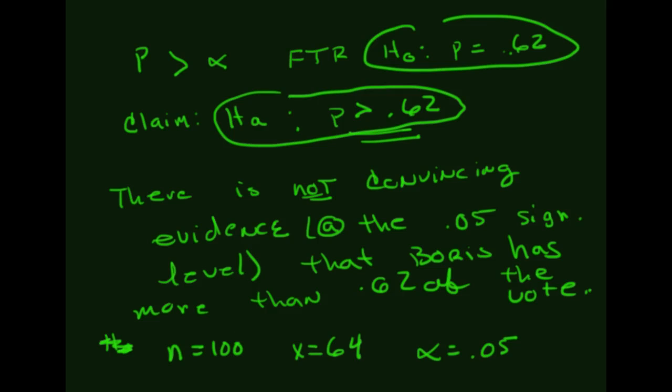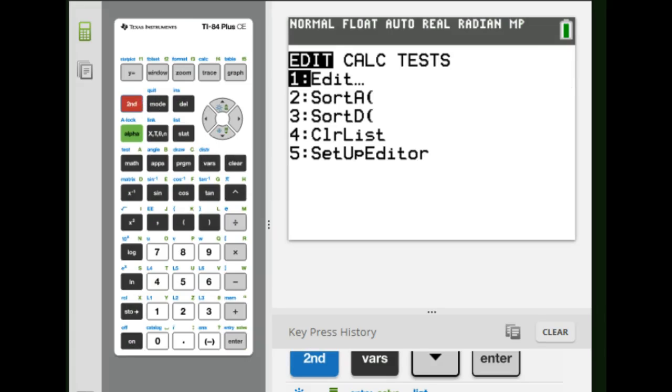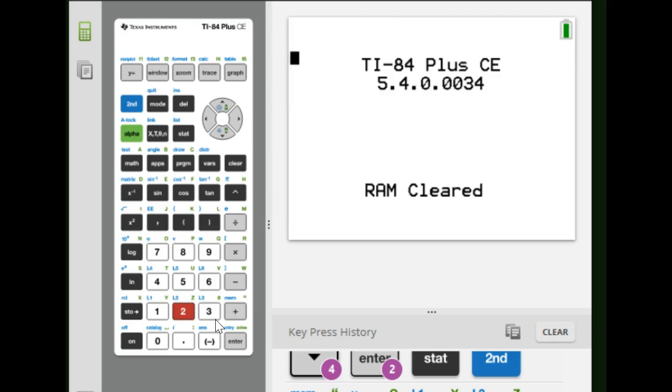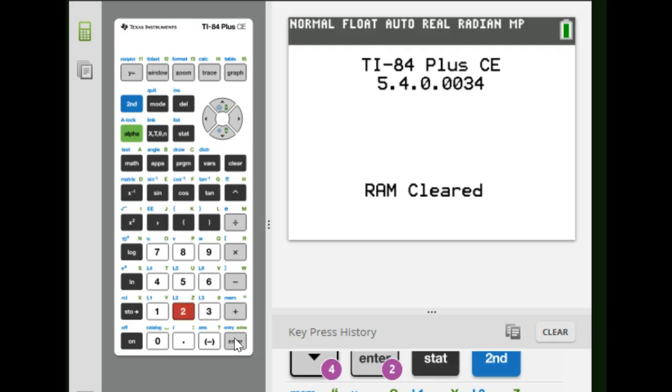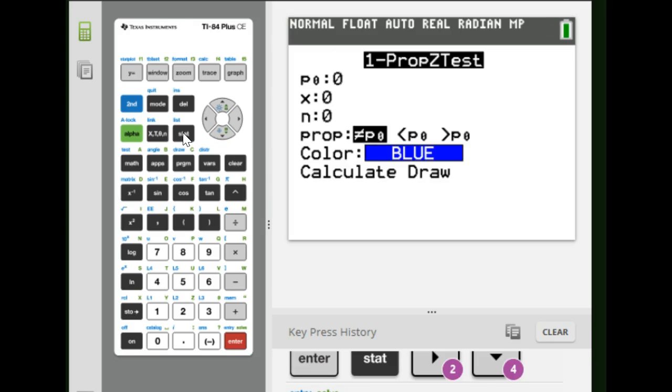So let me go grab the calculator. Let's see what happens. I'm going to go to STAT. Let me clear everything out, because I know I got stuff in there. So I just cleared it. All right, so let's go to STAT, TESTS, and then I'm going to do the 1-PropZTest. So this is a test, not the interval.